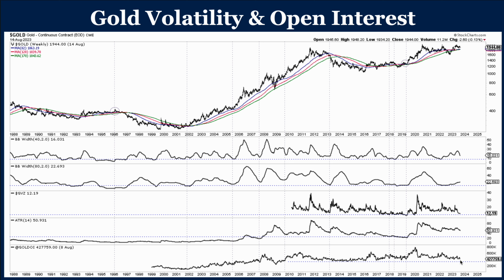And if we see open interest come down even more, down to this blue line, you're almost at a 15-year low, 427,000 contracts. I think it would have to get into the 300s. But interestingly, if there's more selling, that could come down to a 15-year low.